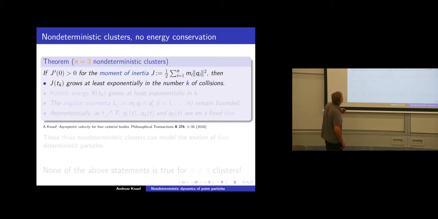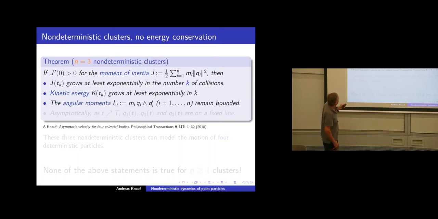And then you can prove the same kind of estimate for the kinetic energy. This also grows exponentially, even a bit faster than this J. And the angular momentum of every such cluster with number i, for 3 clusters, remains bounded.